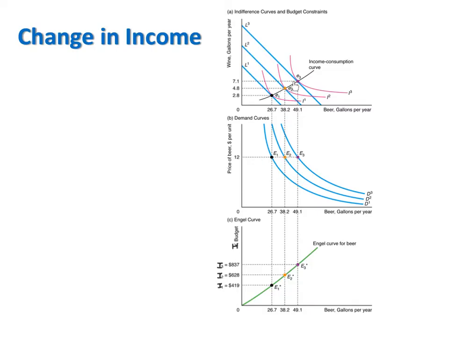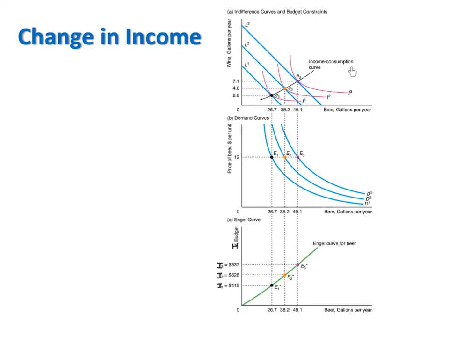Income going up again caused the consumer to move to bundle E3, choosing 49.1 gallons of beer, but again, the price of beer was held fixed at $12. That means that each of these bundles is on a different demand curve. As income goes up, but holding the price of beer at 12, we see a shift in demand.